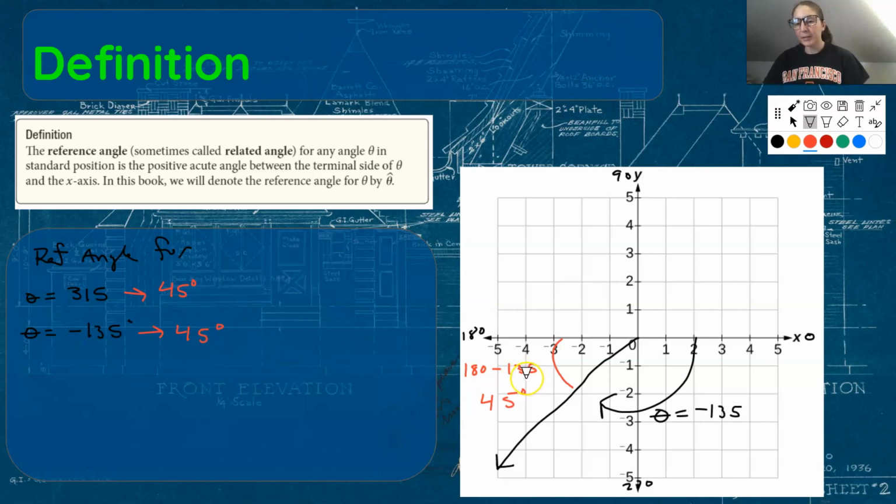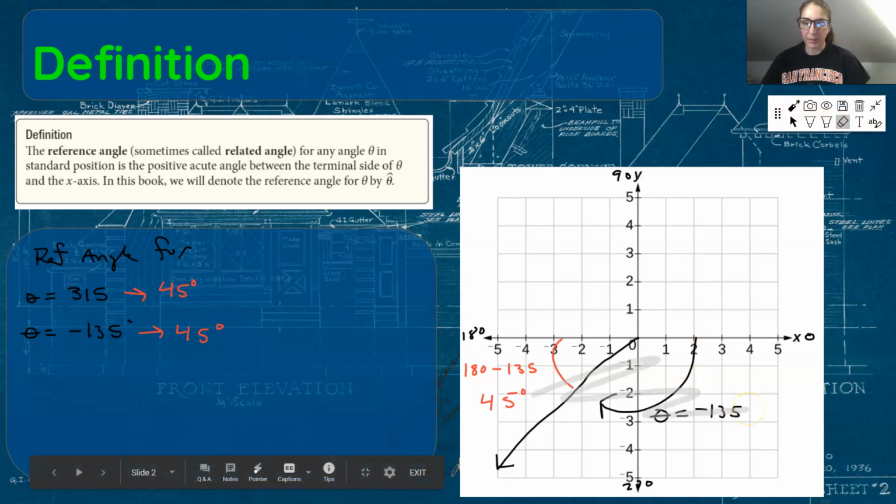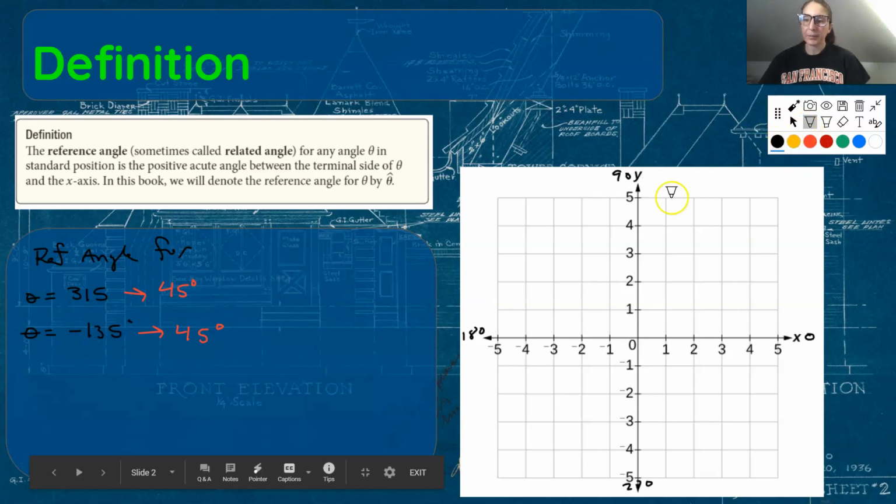So to find reference angles, it's just, am I doing 180 minus my angle, or am I doing 360 minus my angle? Let's do one more, and I'm going to really change things up here. Now I'm going to put theta in terms of degrees and minutes. What if we had theta equaling 225 degrees and 10 minutes?